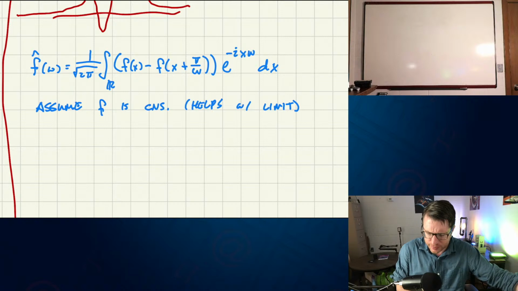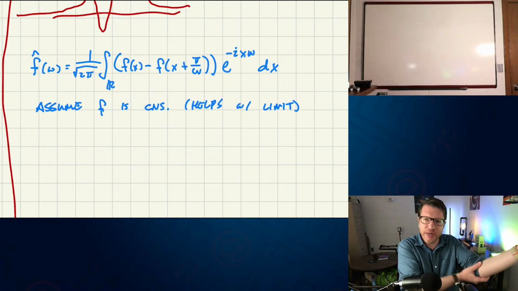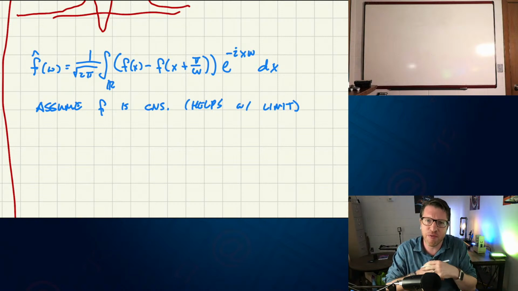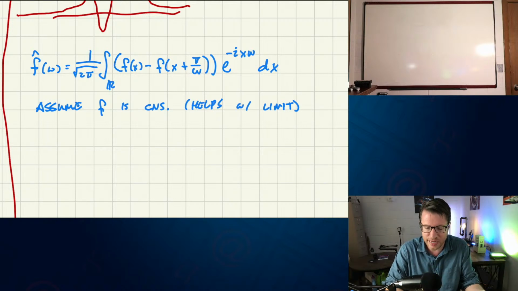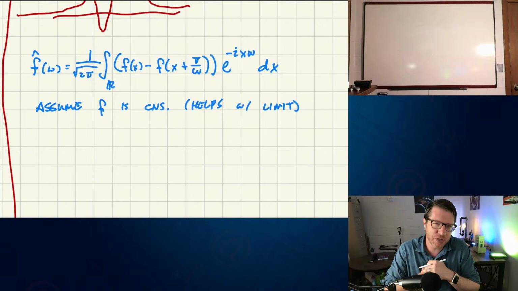But there's a problem. If I want to use the dominated convergence theorem, I need to have a bound on this. And so you'd say, okay, well, last time I just used 2 times the norm of f. Maybe here I can take the supremum of f, and twice, because I have 2 f's here, right? Maybe that could work. But the problem is that even an L1 function that is continuous doesn't necessarily have to be bounded.